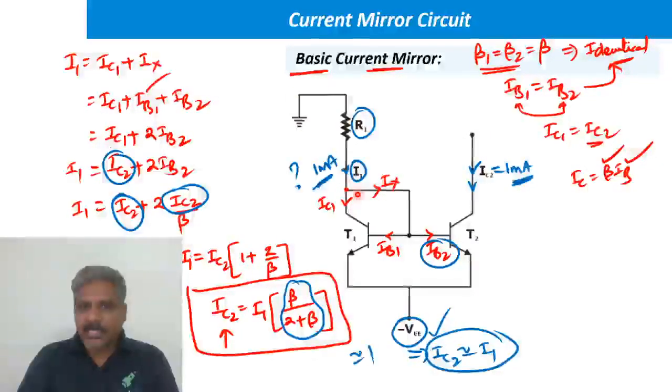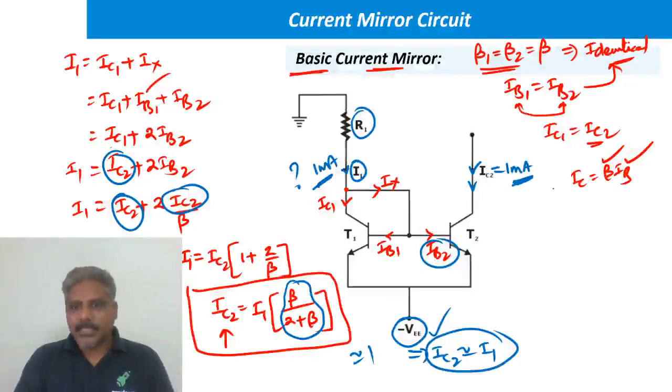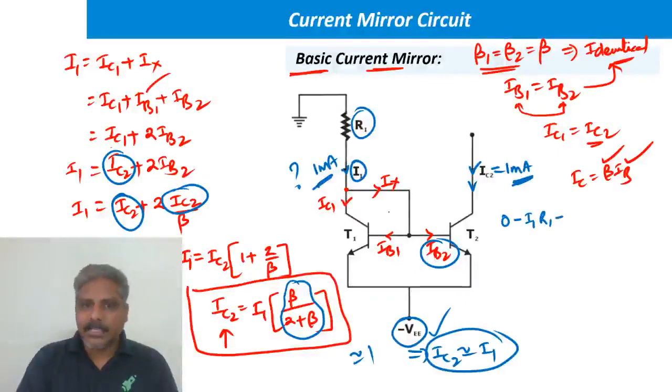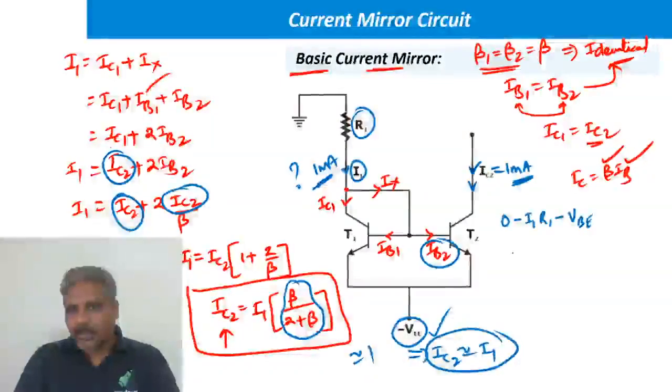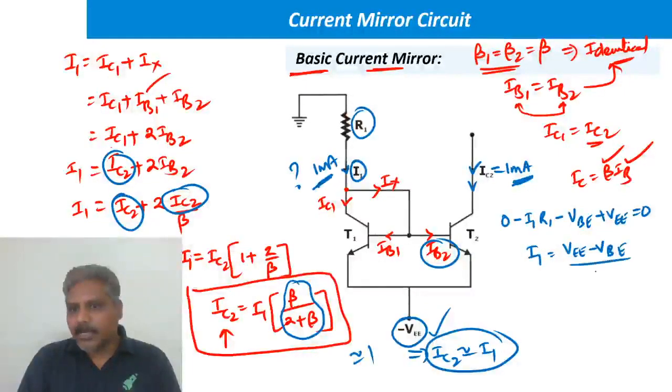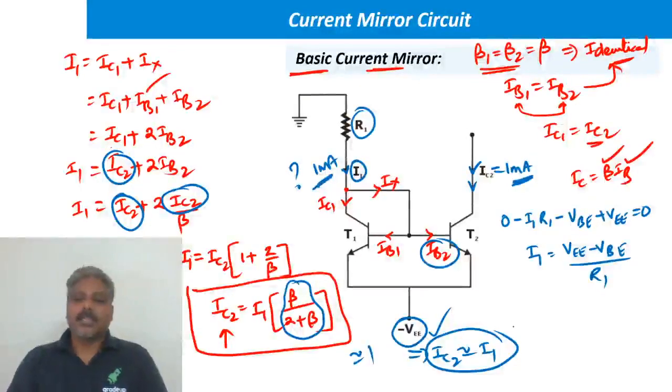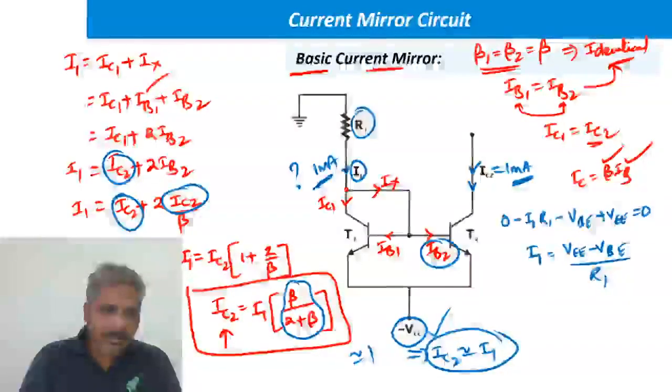KVL: 0 minus I1 into R1 minus VBE, minus of minus VEE, it is plus VEE, equal to 0. So I1 is equal to (VEE minus VBE) divided by R1.